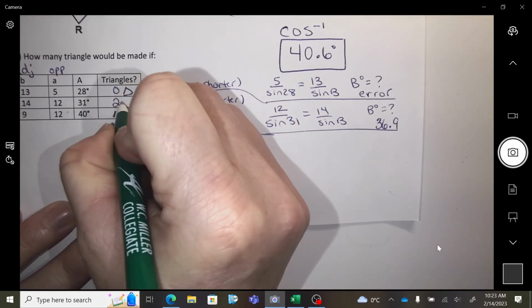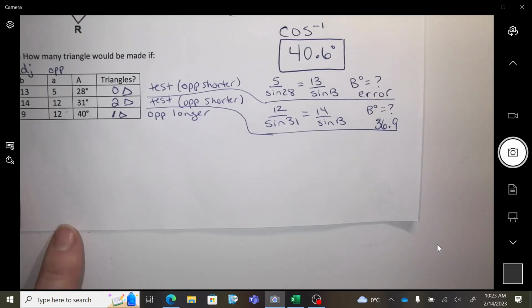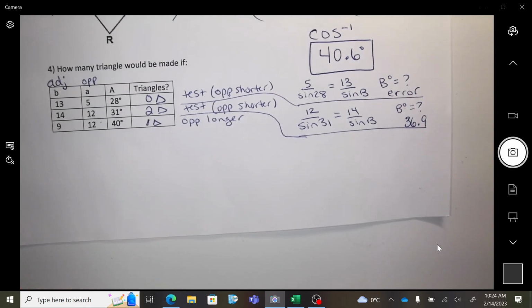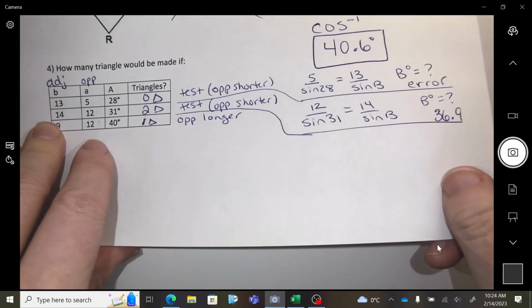That means 2 triangles. Okay, so that exact question is on your test. How many triangles? Why? That exact one. Well, not the same numbers, but the same idea.